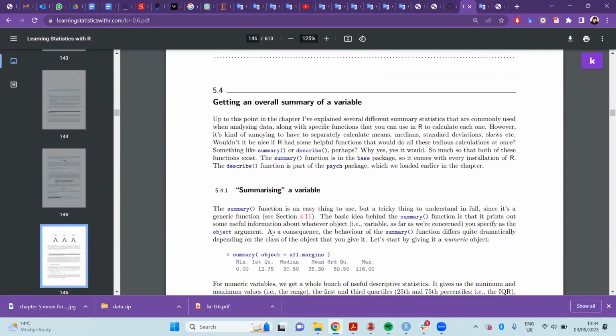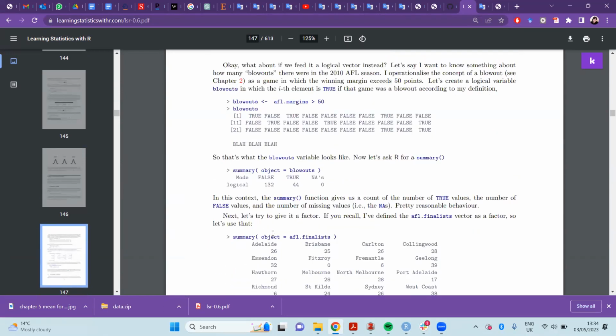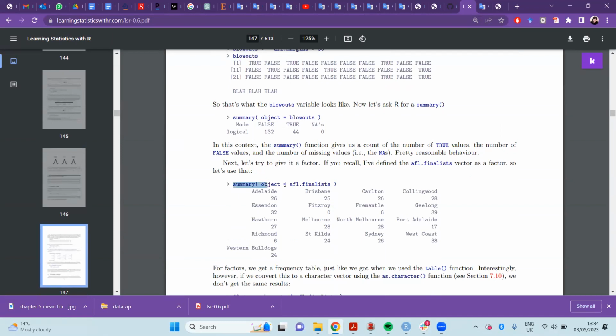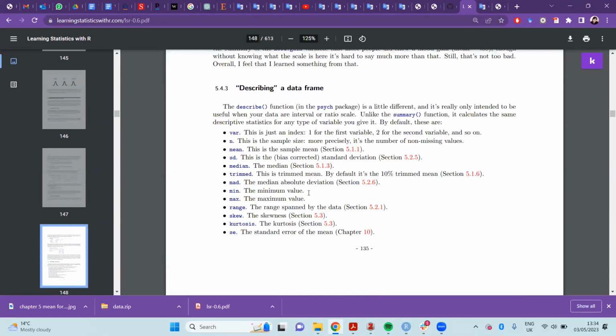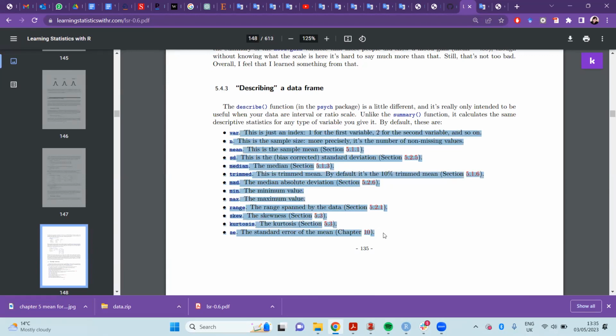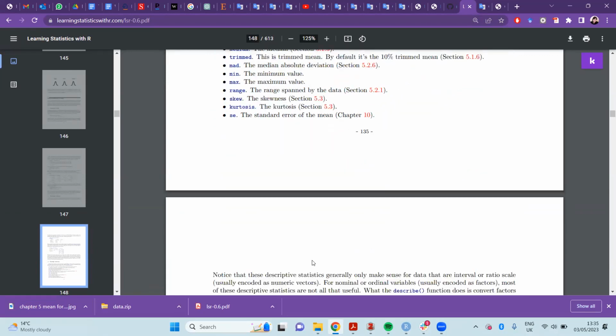The next part is how we summarize the data using the summary function, summarizing the data frame, and also using the function describe, which obtains all the measures we saw previously, but from just one function.